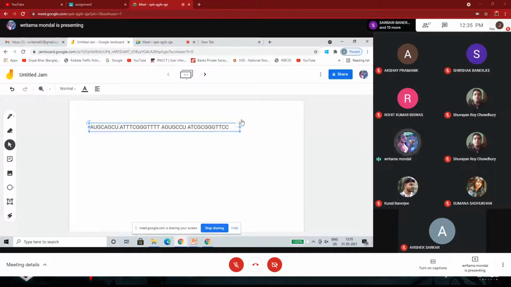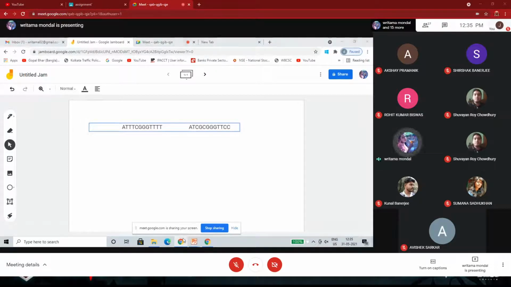These primers are removed, then the gap is there. So the gap should be filled. The gap is there in between the Okazaki fragments.